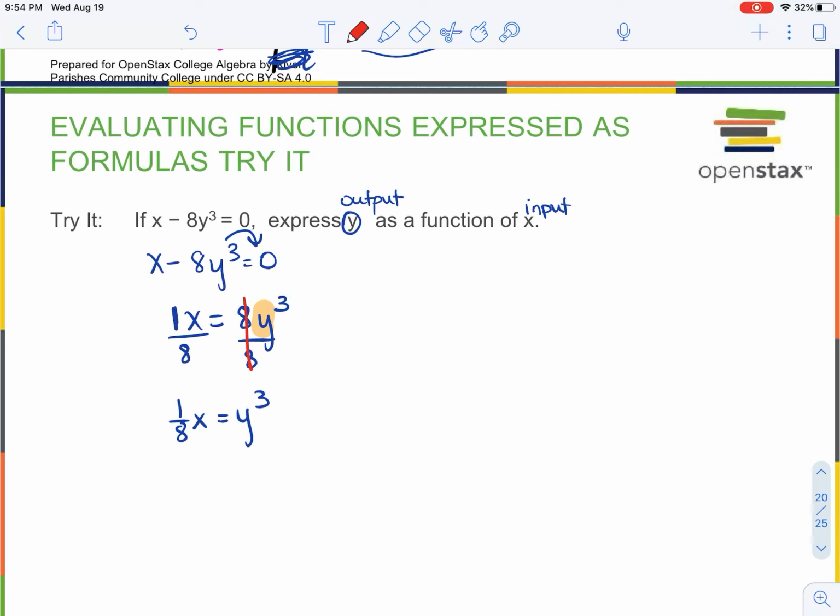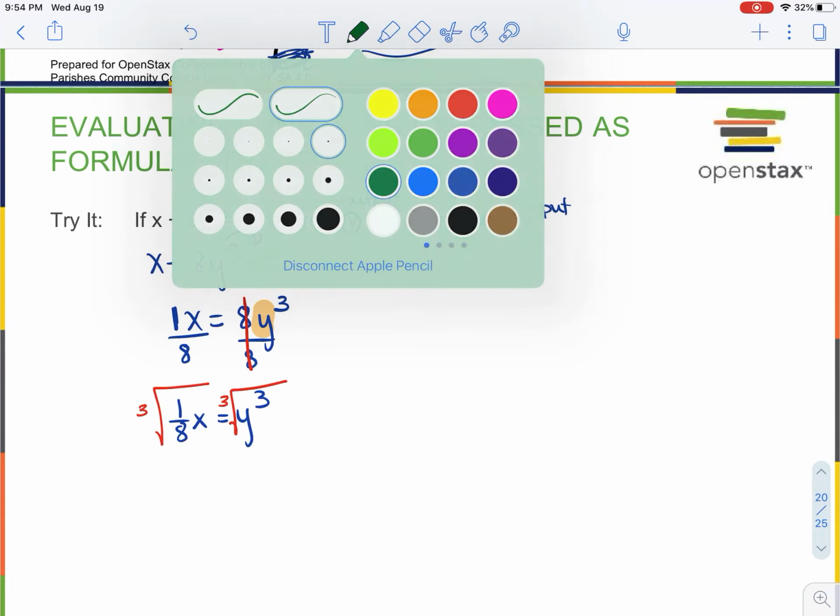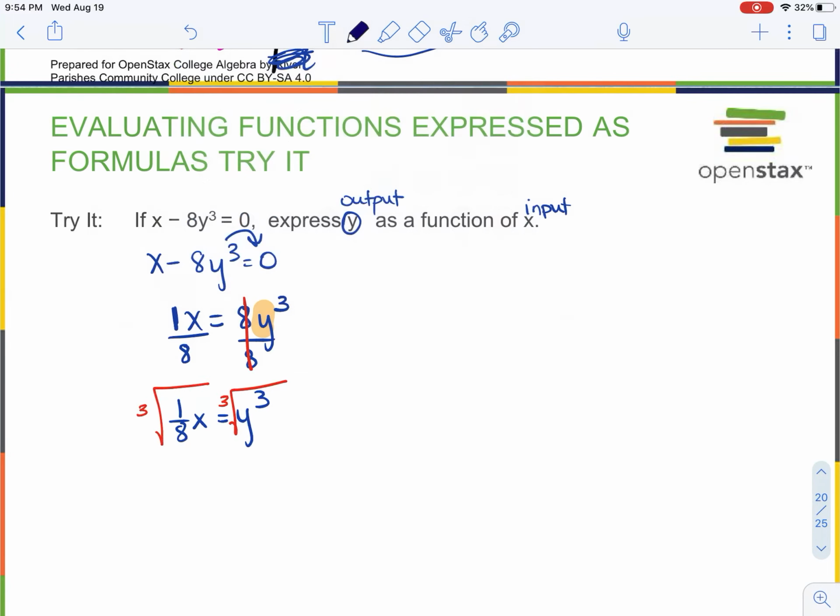Now to undo a y to the third to leave just y, guess how we do that? We cube root it. And what you do to one side, you do to the other. On the left-hand side, the cube root of 1/8 is 1/2, times the cube root of x, equals y.